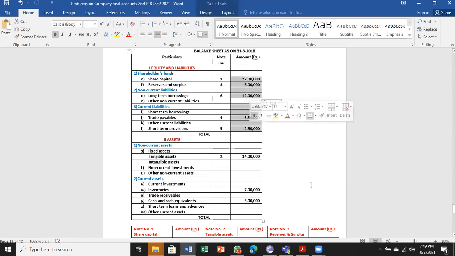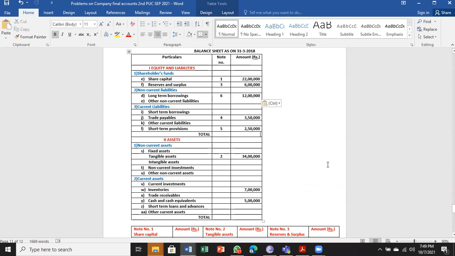Both assets and liabilities should be equal. As you can see here, we have to add all these things. 5 items are there. 22 lakhs, 6 lakhs, 12 lakhs, 3.5, 2.5.